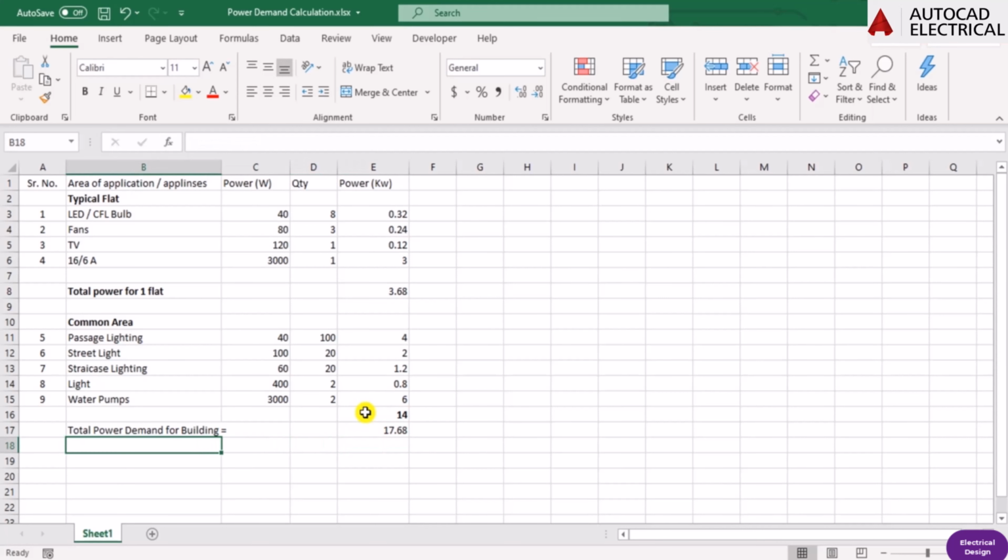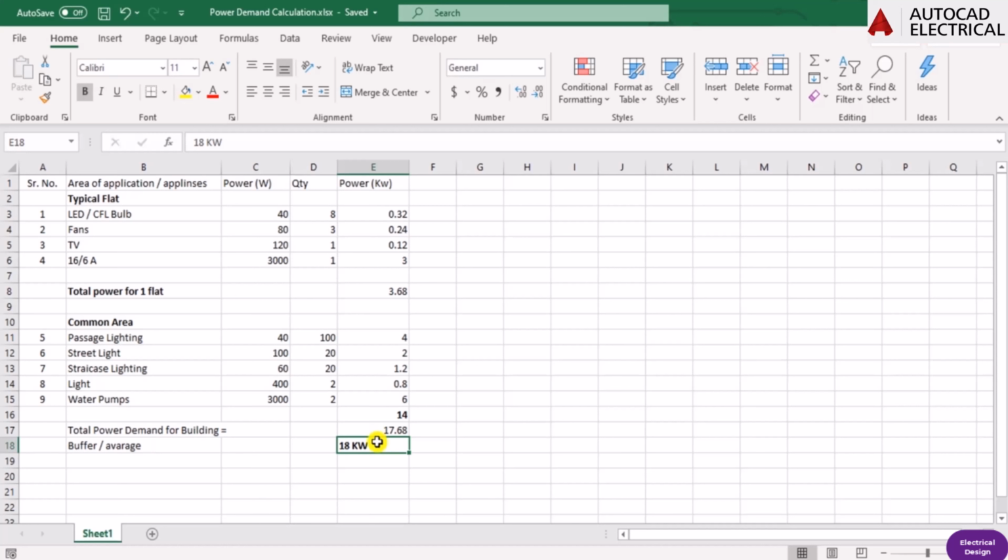So with a buffer for the average, we need 18 kilowatts of power for the entire building. So this is how I calculate the entire power demand required for the building.